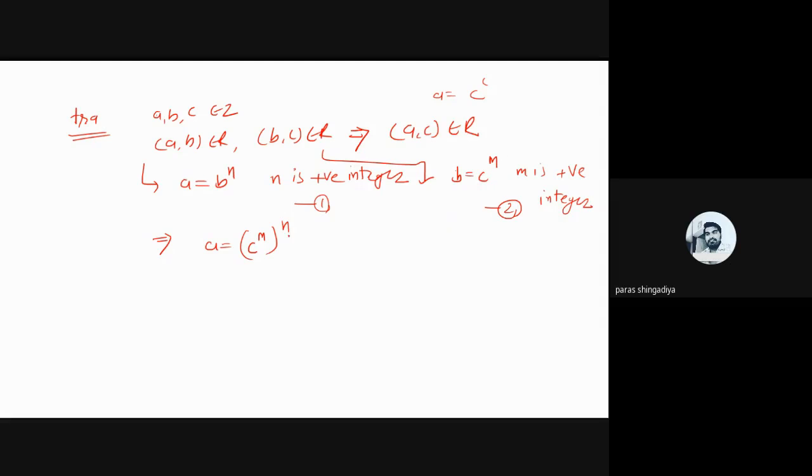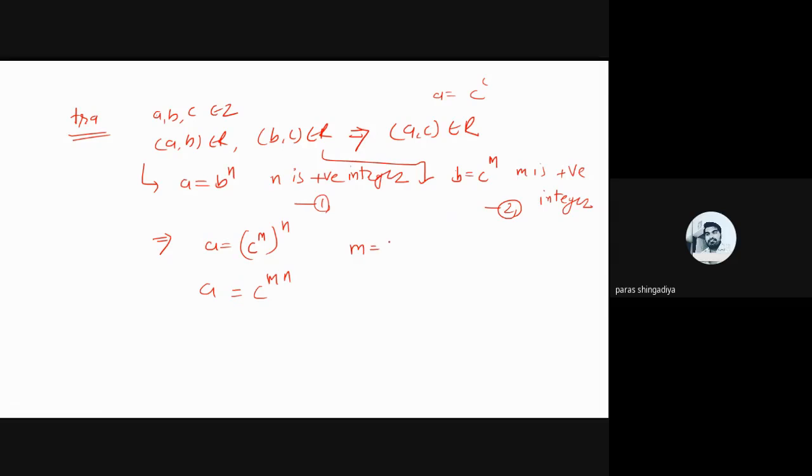So we get a is equal to c raised to m, with the power n. Power with the power, what does it mean? It will be the product, mn. a is equal to c raised to mn. Here we consider n a positive integer, m also a positive integer, so its product m into n will also be a positive integer.